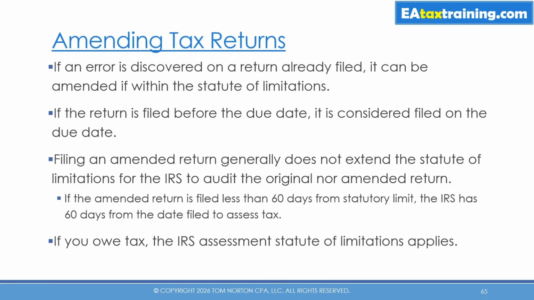And so let's say in May of 2026, you amend your 2022 tax return and you send in a check to pay your taxes. The IRS cannot accept that check. They will send it back to you, or they will pay you your money back, because the statute for them to assess the tax has expired.